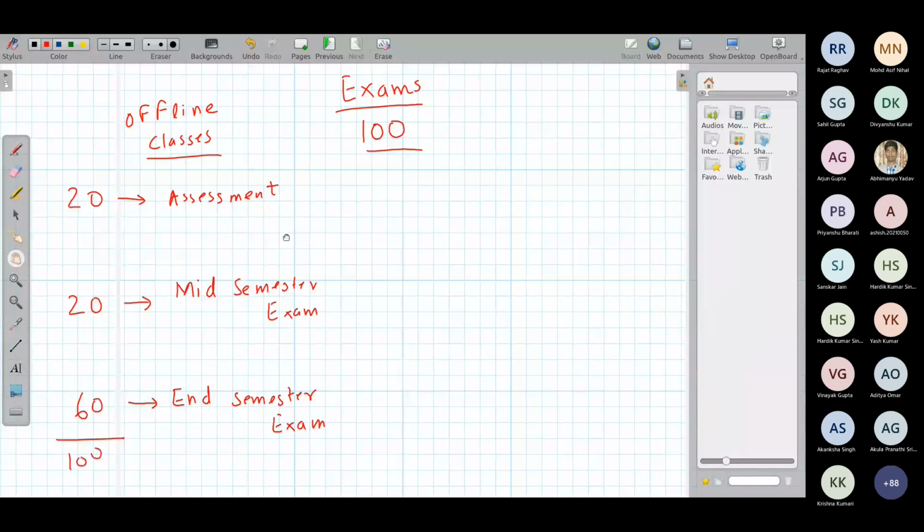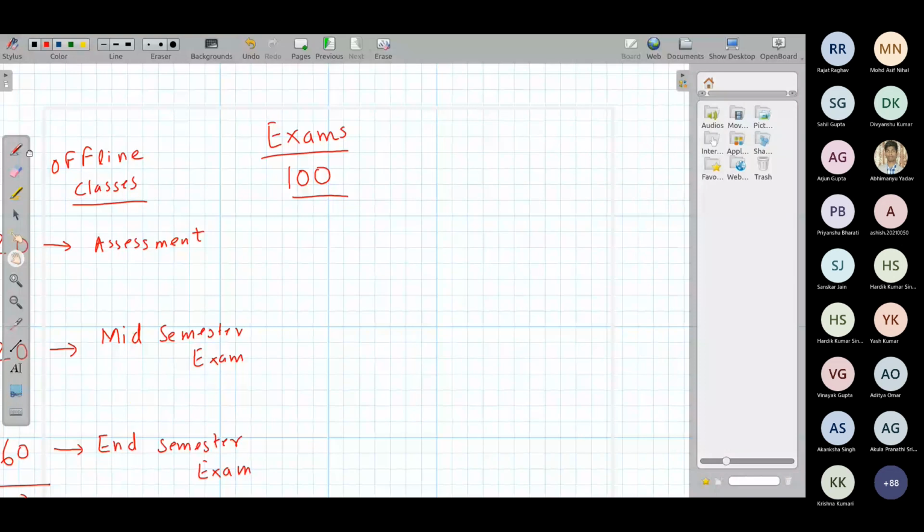What is assessment? It consists of 2 parts, 5 and 15. These 5 marks come from your attendance, depending on how much is your attendance in your class.